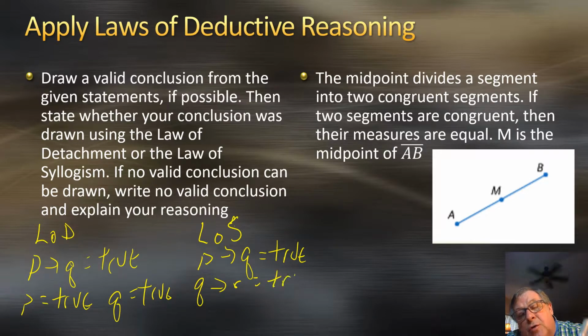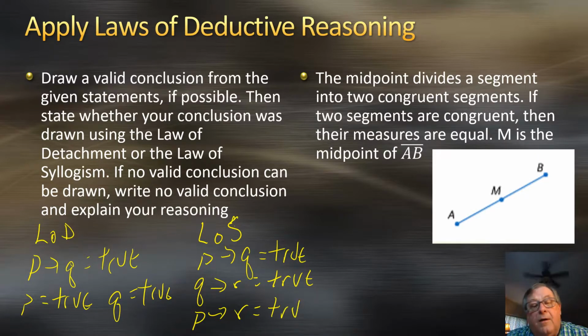If that's true, then if P, then R must also be true. In other words, the hypothesis of the first statement combined with the conclusion of the second statement. If that's all true, then it's all true.